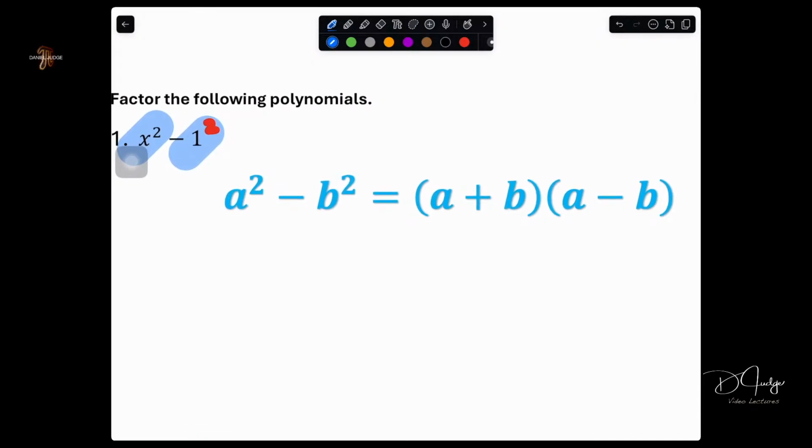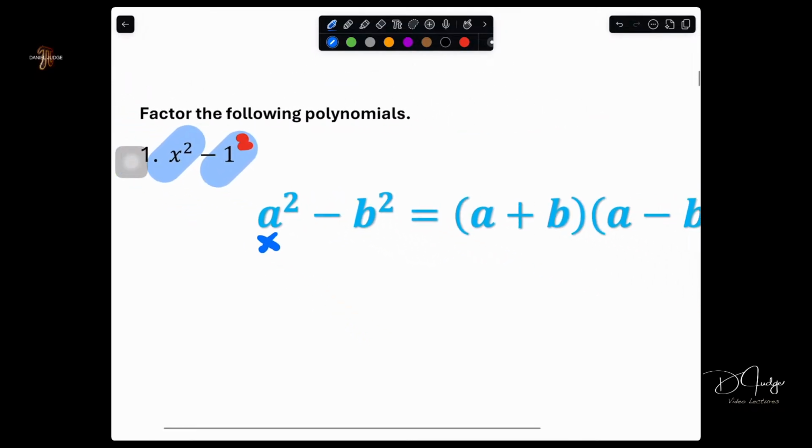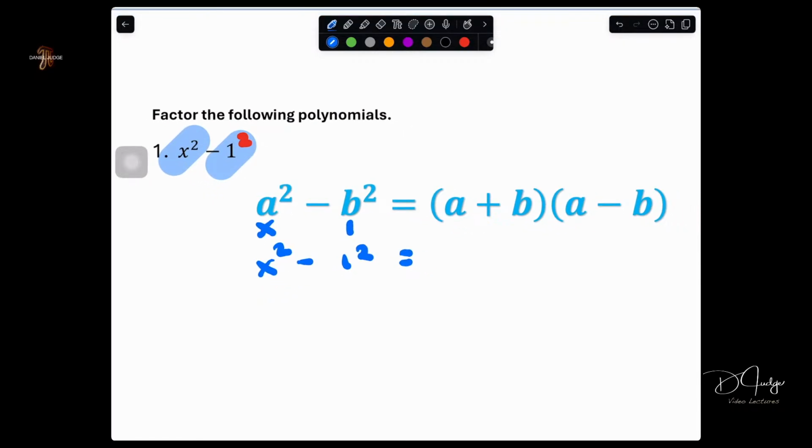What I would like you guys to see is that the value for a here is x, because you see an x squared for that first term, and the second term would be 1 squared. And so this is what we're seeing here. By letting the a and b values be what they should be, that means a is x and b is 1.